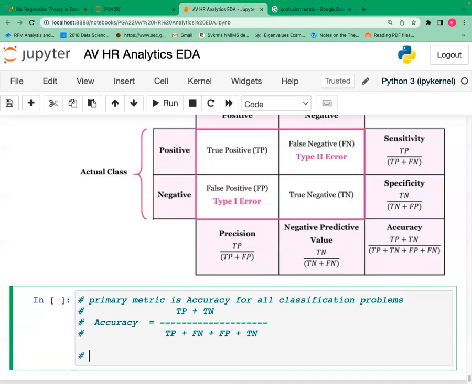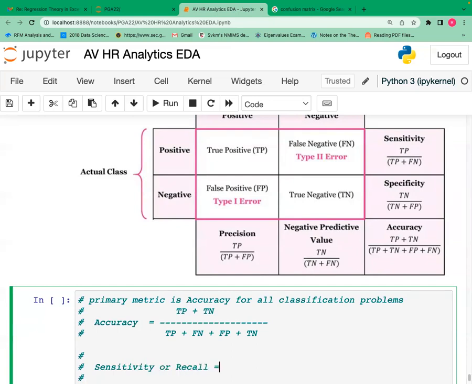Then we have certain other metrics which are also important in some situations, like sensitivity, also called recall. Sensitivity is true positive divided by true positive plus false negative.